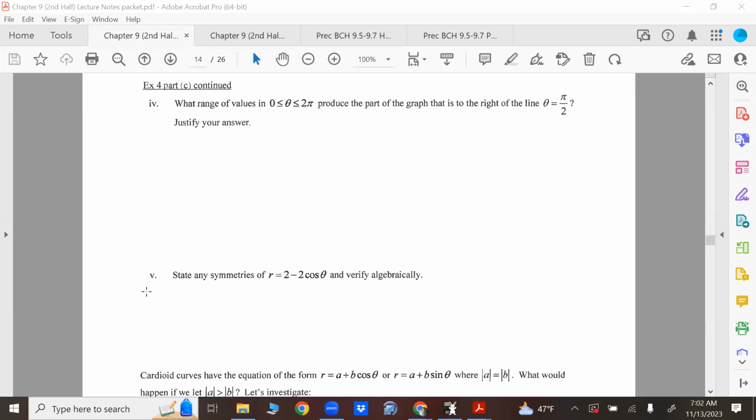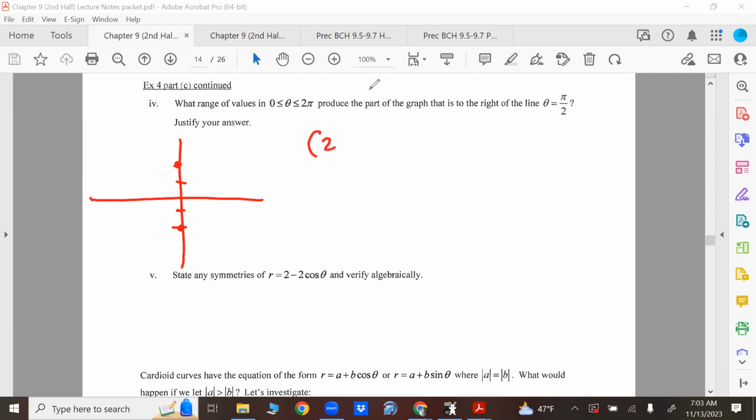So theta values from 0 to 2 pi produce a part of the graph that is to the right of theta equals pi over 2, where theta equals pi over 2 kind of looks like the y-axis. We don't call it that in the polar coordinate system. If we carefully think about it, we had a point at 2 comma pi over 2. We also had a point at 2 comma 3 pi over 2.